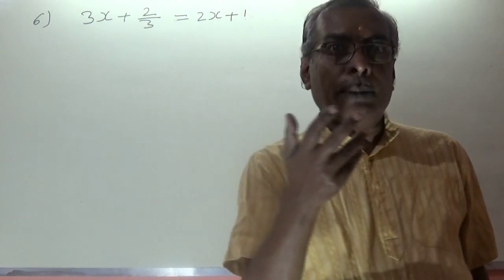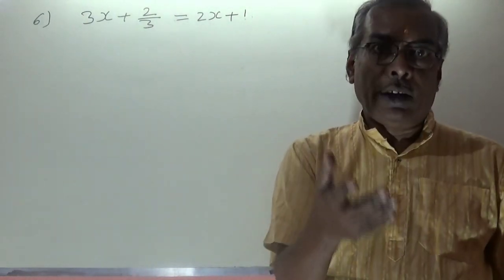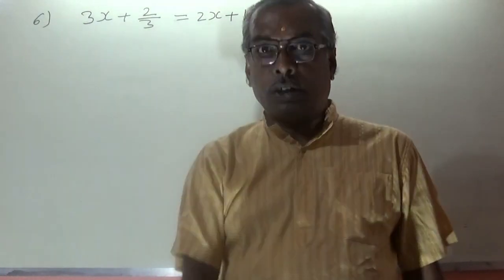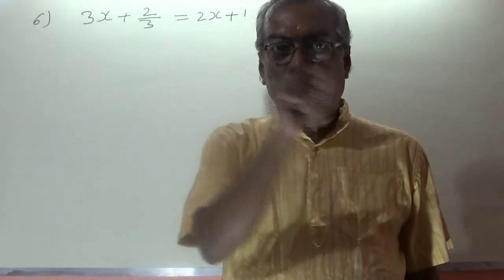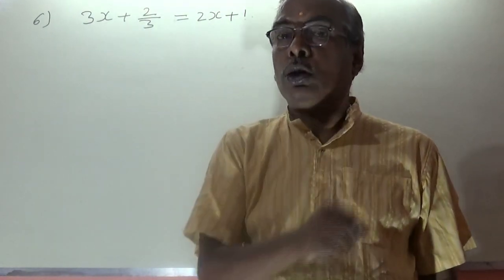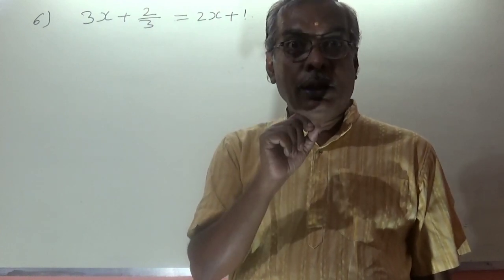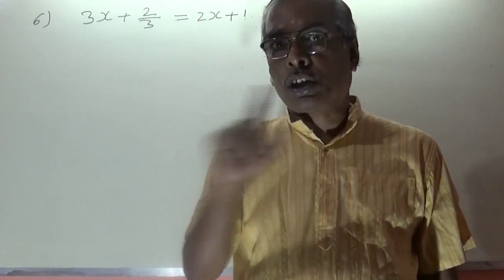In that case, you have to shift all the variables to one side of the equation. And obviously, whenever you start an equation, you should put the therefore sign or the implies that sign, not the equal sign. This is strictly prohibited.